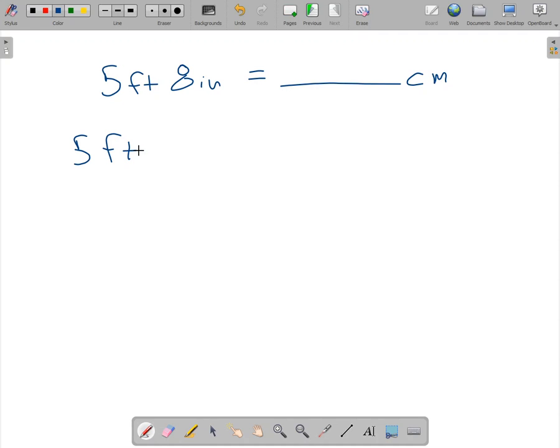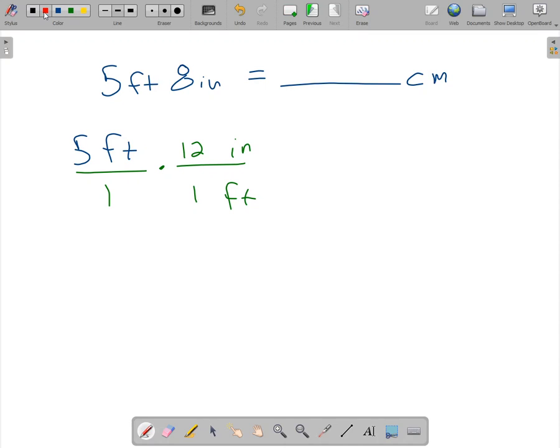Every once in a while, I forget, should I multiply or divide by the number I know? That's where these rates come in handy. What I do is treat that as 5/1, and then multiply by a fraction, and I put feet in the opposite location. That means inches has to go in the top. There's 12 inches in 1 foot.